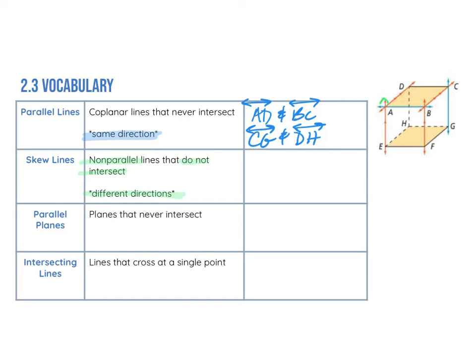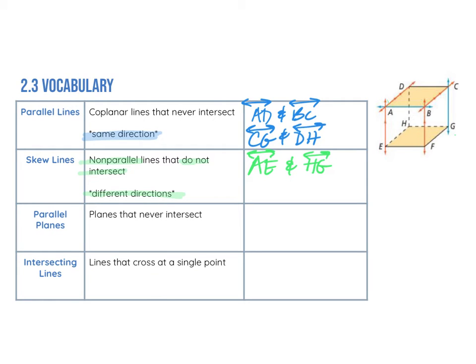If I have AE, a skew line to that could be HG, right? So AE is going up and down, and HG is going left to right. But because AE is on the front and HG is on the back, they're never going to intersect each other.